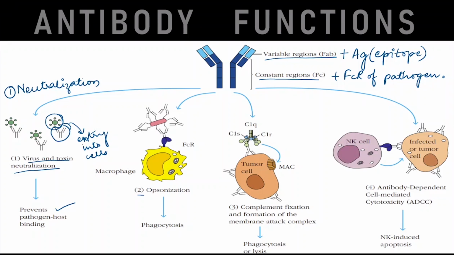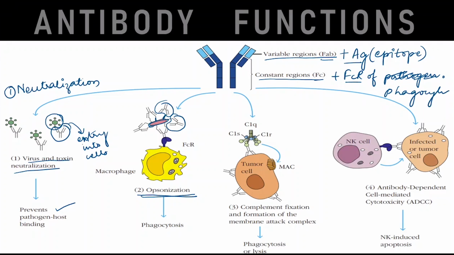Second is opsonization. Here we can see this is the pathogen, and these are the epitopes which the FAB regions are recognizing. These are the antibodies. The FAB will bind with the epitope, and the FC region will bind with the phagocytic cell.